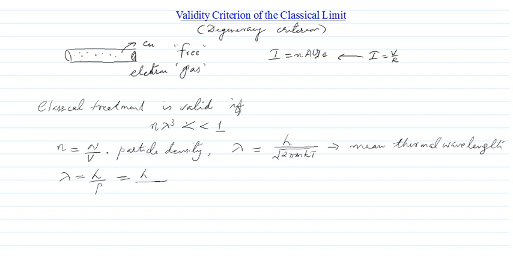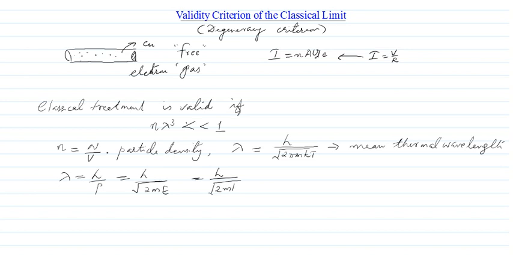If the particles are non-interacting, the energy will be purely kinetic, so I can relate the momentum of the particle as root of 2mE. And in terms of thermal physics, the energy can be equated with kBT, so that is the order.